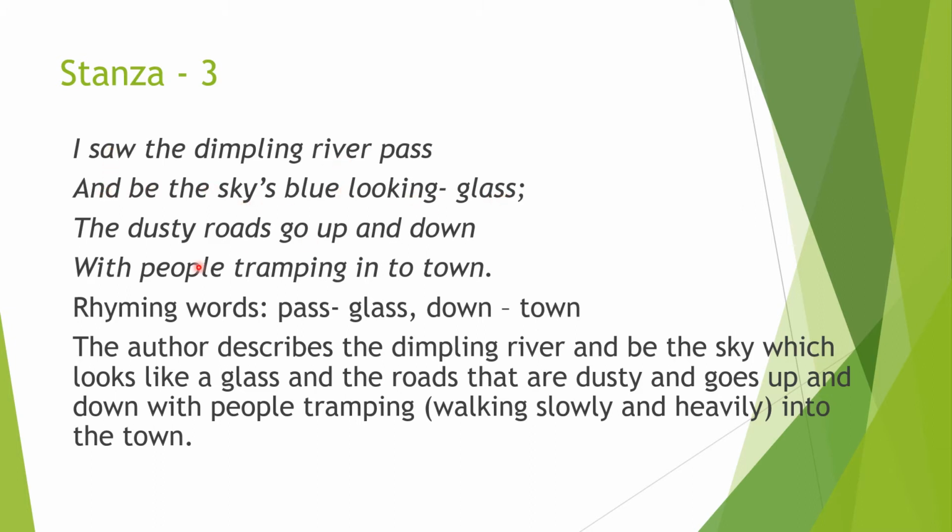That is, he is telling that the river looks like the sky's looking glass, which is very blue in color. The dusty roads go up and down. The roads are going up and down with people tramping into the town. Tramping means walking slowly and heavily. Rhyming words: pass, glass, down, town. So the same rhyming scheme has been followed in this also.